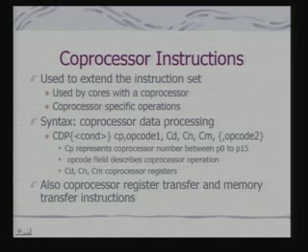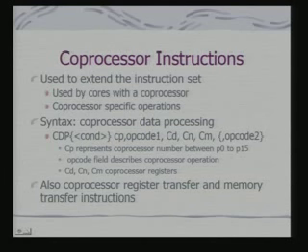Now, what does a coprocessor mean? It effectively means that I have another processor working with my original processor. And what is interesting is that whatever instruction I fetch from my program memory becomes visible to the coprocessor, and the coprocessor can execute those instructions if they are meant for the coprocessor.